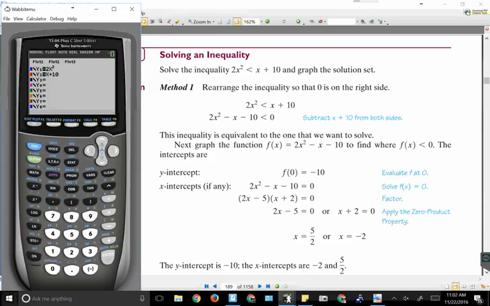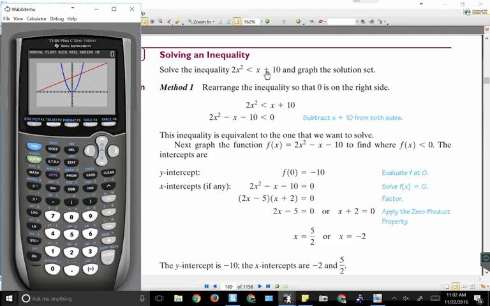So if I graph these out, I've got my parabola, and I've got a line that's going to cut through it. Looks like I have to go up a little bit more, so we'll change the window. I put in 2x squared as the parabola, and x plus 10 as the line.